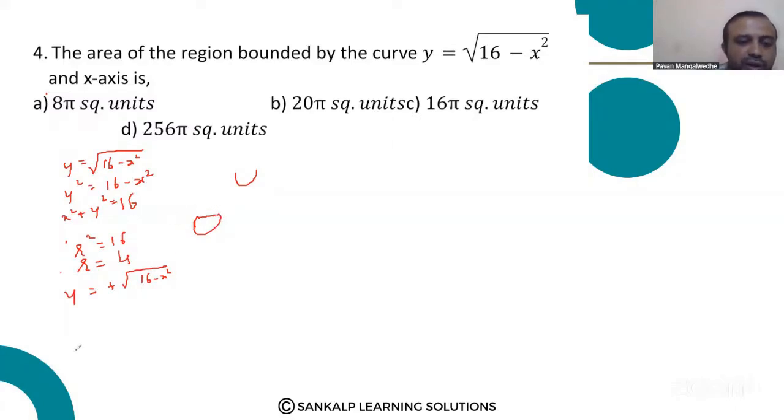So because of that, the area of a circle is pi r square, but the area of a semicircle will become half into pi r square.